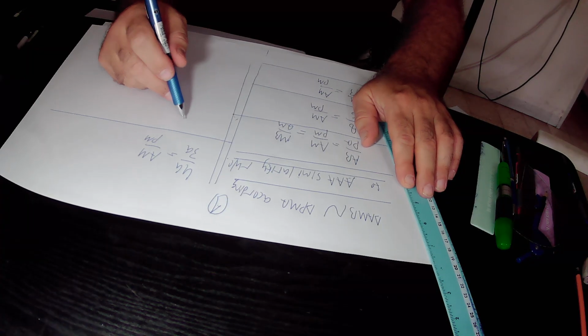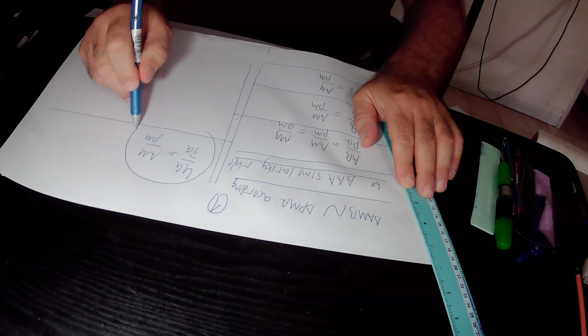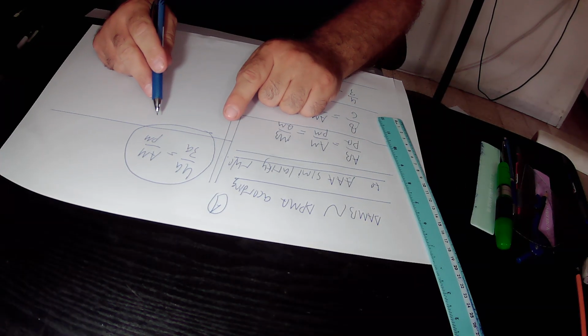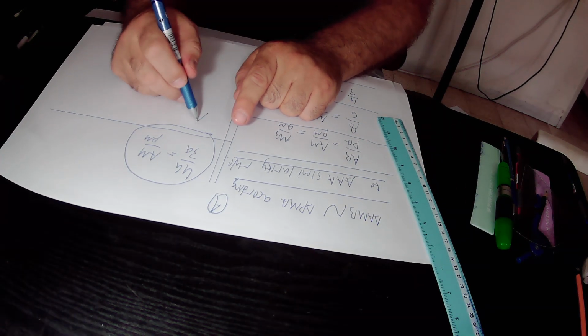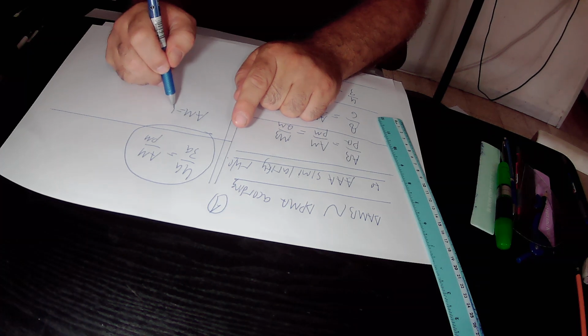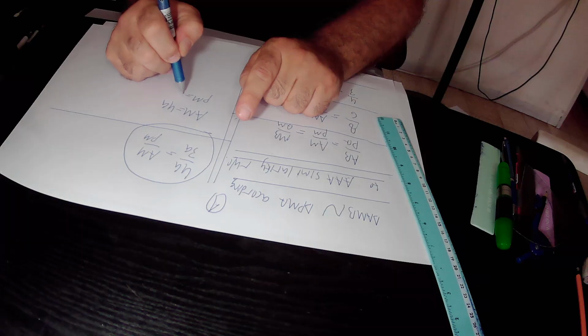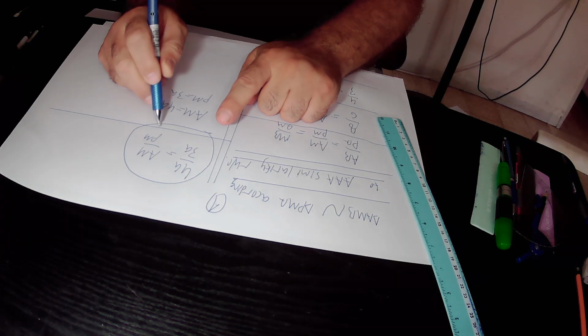What is the meaning of this equation? The meaning of this equation is that if AM equals 4A, then PM must be equal to 3A. This is the meaning of this equation.